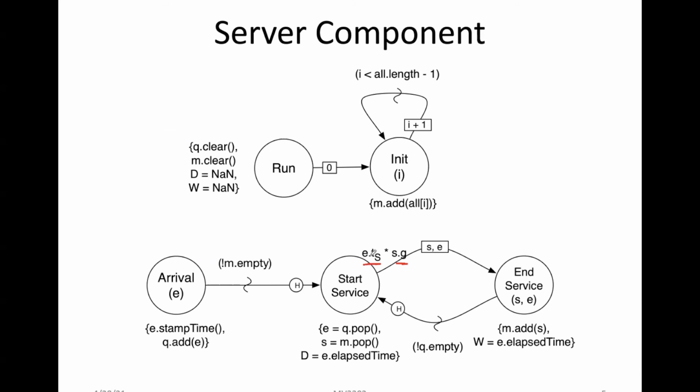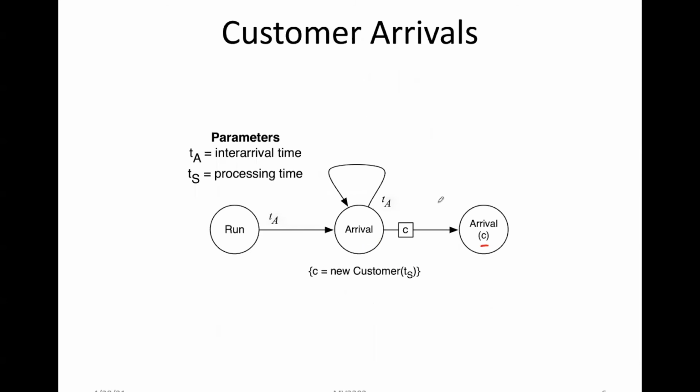I have to use it in the context, in this case, of a customer or the context of a server. So this is the customer's processing time. This is the server's efficiency. Okay, does that answer it? Okay, I'll take silence to be consent.